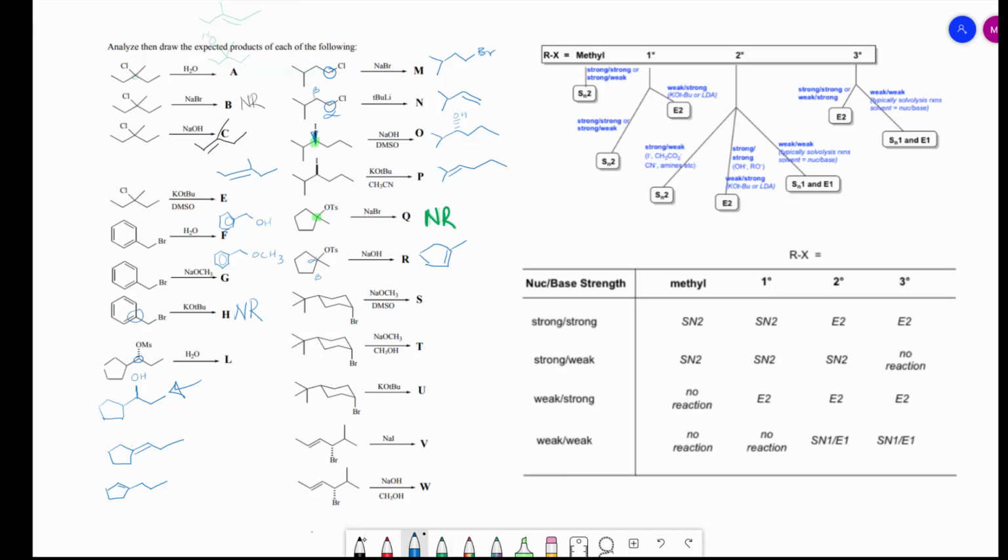For S, here we're given a ring structure, and the bromine is on a secondary carbon. We're given this methoxide. Remember, we have sodium here, so we're delivering the anion. It is charged. It is a strong nucleophile. It is a strong base. We are in DMSO. DMSO is aprotic.